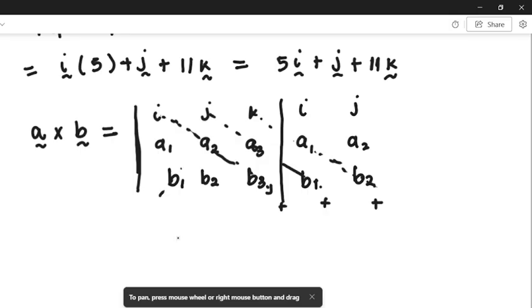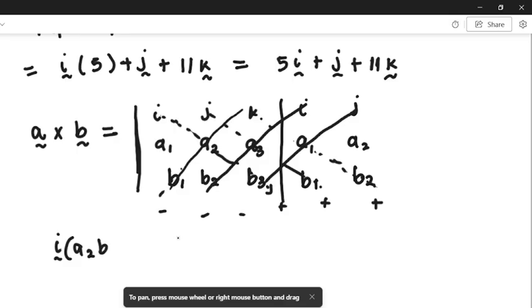On the other diagonal, you subtract. So this will be minus, minus, minus. You start with the leading diagonal minus the other diagonal. So you're going to have I times A2 B3.